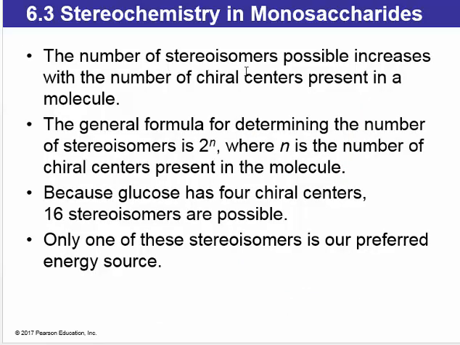Now, the number of stereoisomers increases with the number of chiral centers in a molecule, and the general formula for the total number of stereoisomers for a molecule is 2 to the n, where n is the number of chiral centers present. And because glucose has 4 chiral centers, 16 stereoisomers are possible, but only one of these stereoisomers, D-glucose, is our preferred energy source.